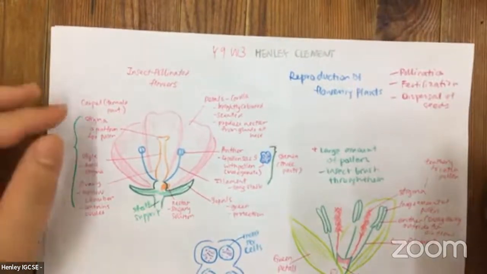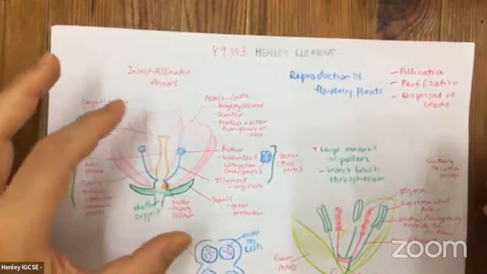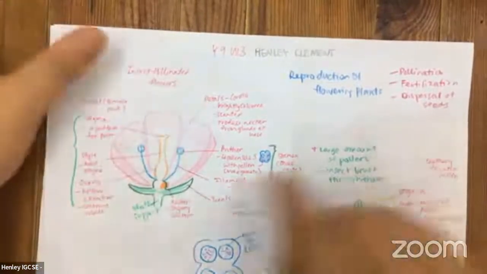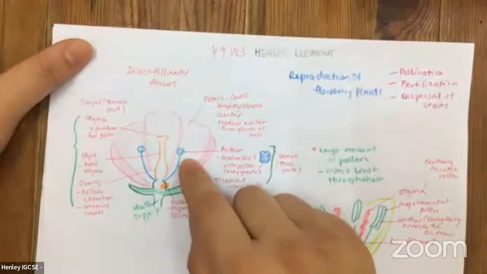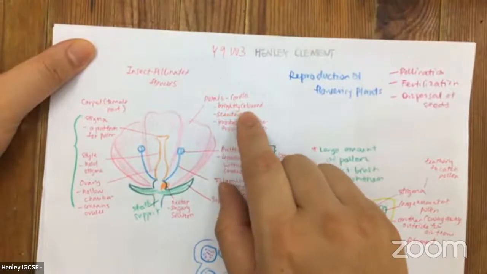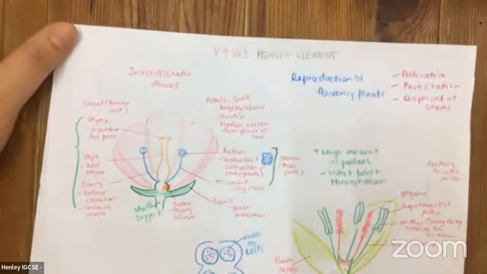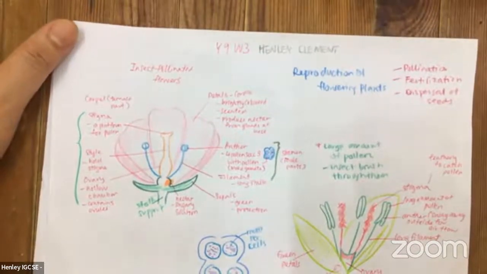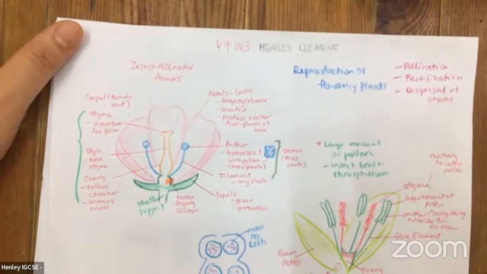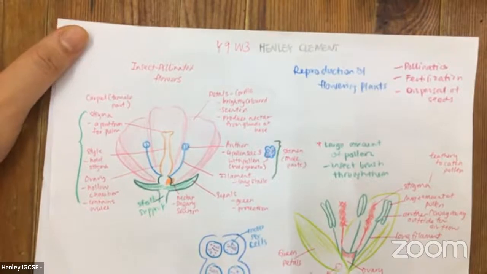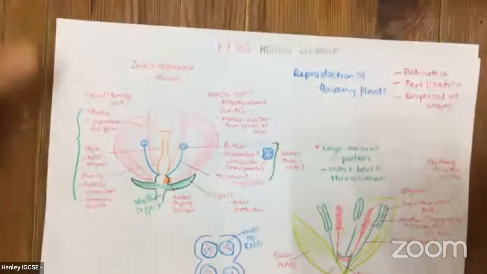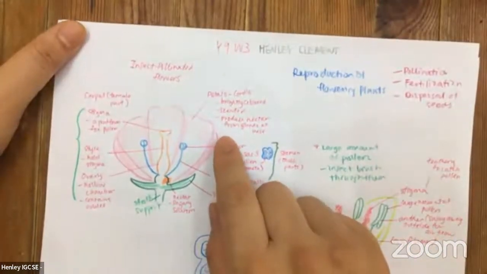For the insect pollinated flower, this is the petal. Petals we also call the corolla. It is usually bright colored and scented to attract the insects, for example bees and butterflies, and actually not only insects, there are bats also, and also some birds.